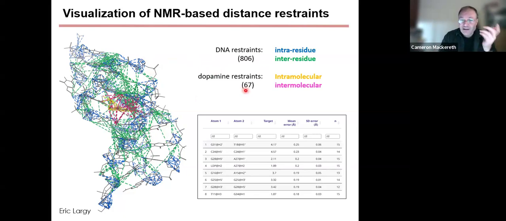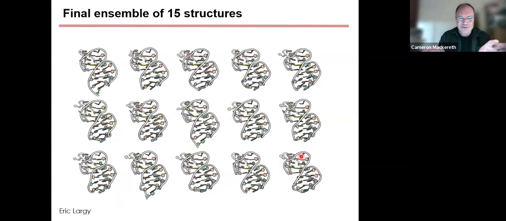And even though there's a lot of distance restraints, they're actually all satisfied, and there's none that are outside of the range that we give it, except a few cases where it's below 0.3 angstroms, which if you do structure calculations, is basically nothing. So everything is perfectly satisfied. So we're very happy with the structures we get.